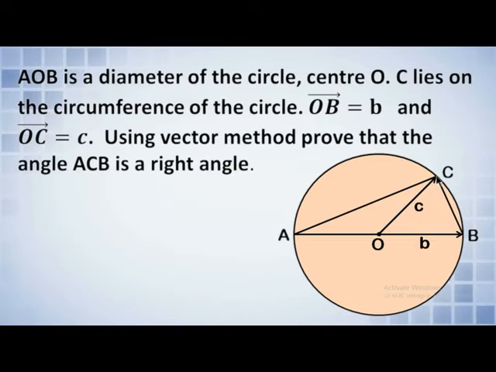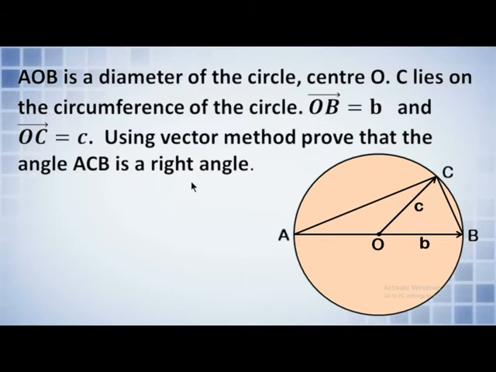This is C. It means OC is also a radius. Vector OB equals vector B, in this direction, and vector OC equals vector C, in this direction. Using the vector method, prove that the angle ACB is a right angle.